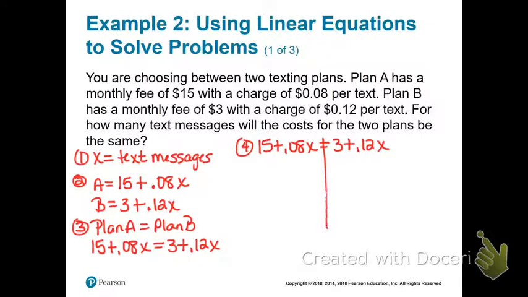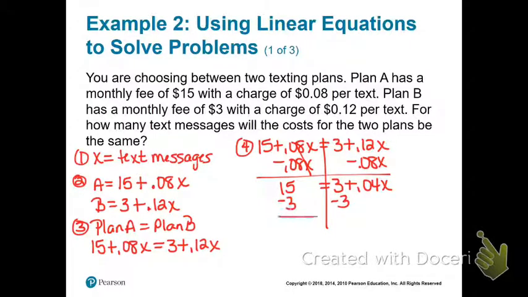All right, so when I do this, I'm going to move over my 0.08x. So I get 15 equals 3 plus 0.04x. Then I'm going to move over my 3. So 12 is equal to 0.04x. Then divide by the 0.04.